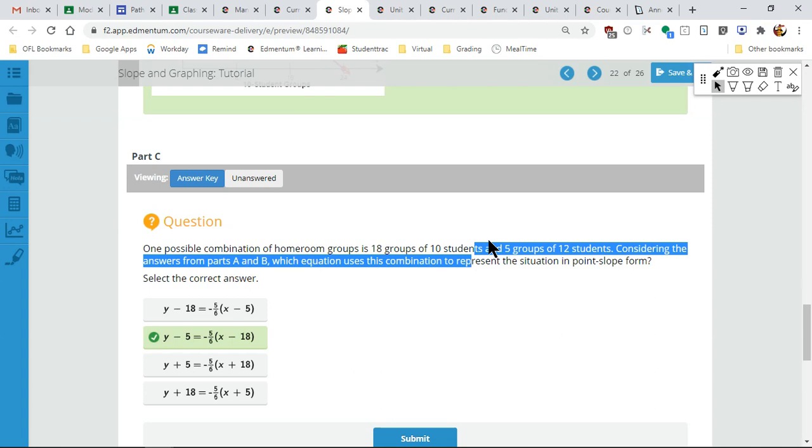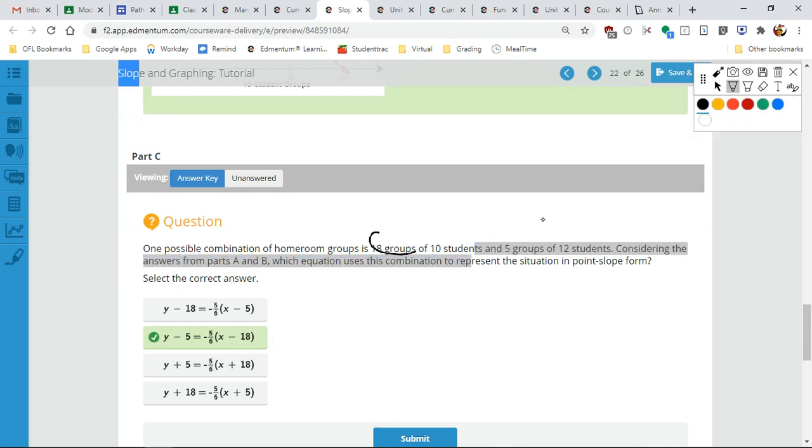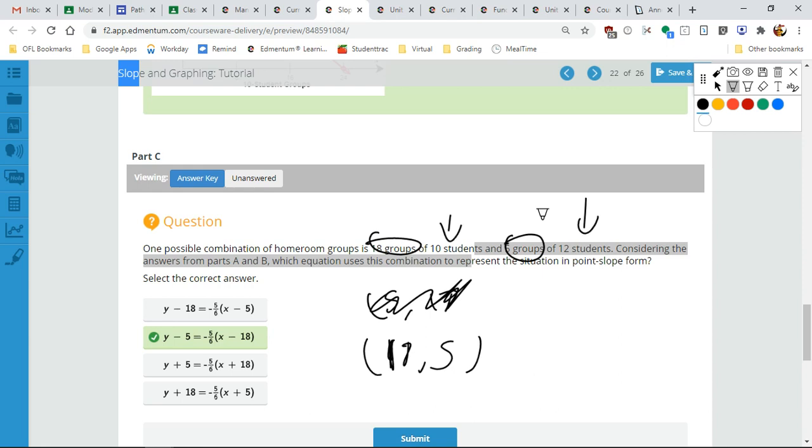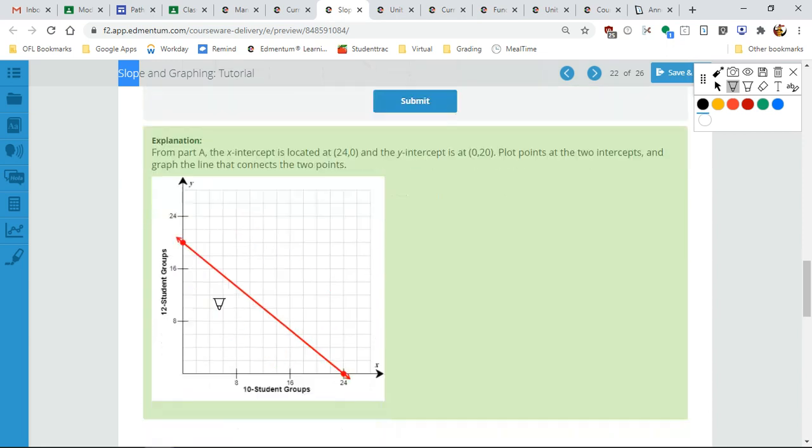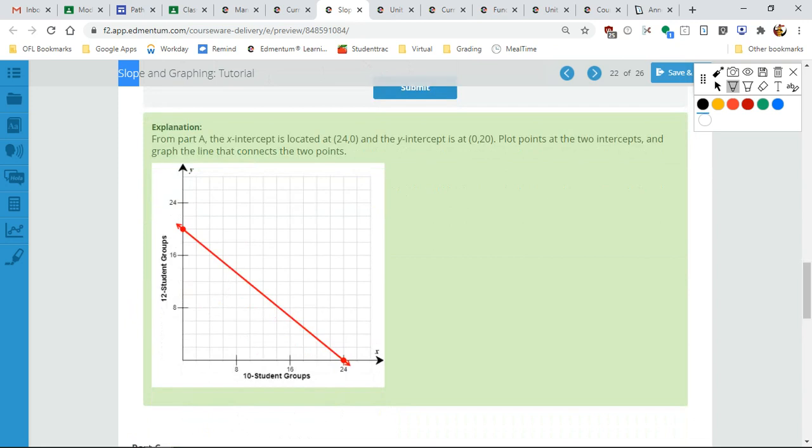Oh! This is what happens when I don't read. That's my x and my y. So that's why my point was 5, comma 18. Or 18, comma 5. I'm so sorry, guys. I didn't read this. I was like, oh, they gave us 2 points, but they're talking about groups of 10 and groups of 12.